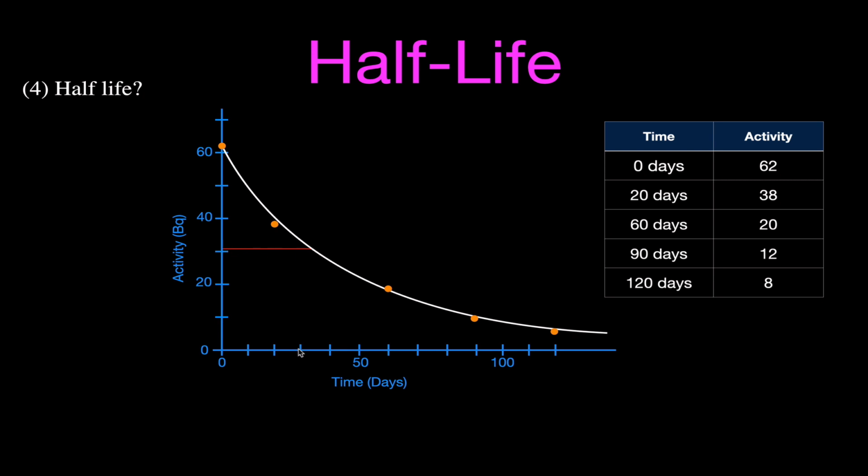And then we go down, we see what time interval corresponds to the activity being 31. And that looks like it's just about 32 days, just like that. So we can say that the half-life of that material is approximately 32 days because we can see that the activity reduced from 62 to 31 over a period of 32 days.